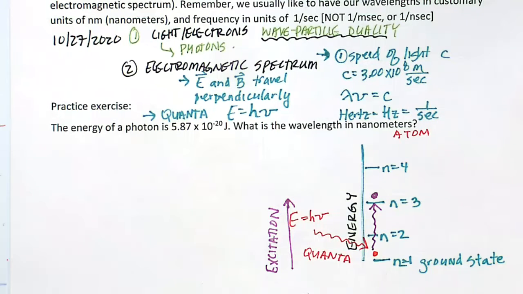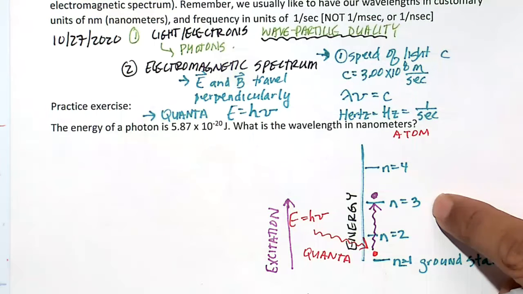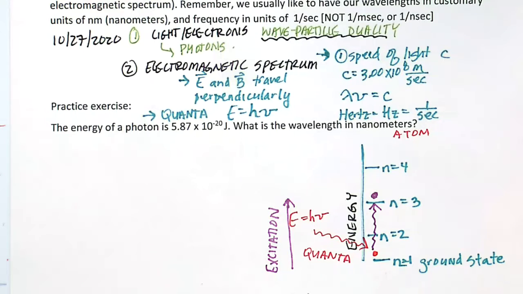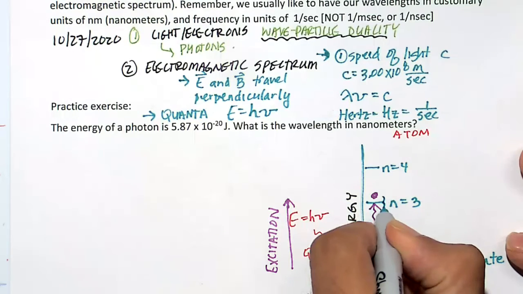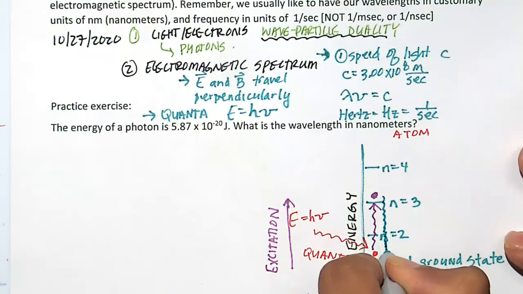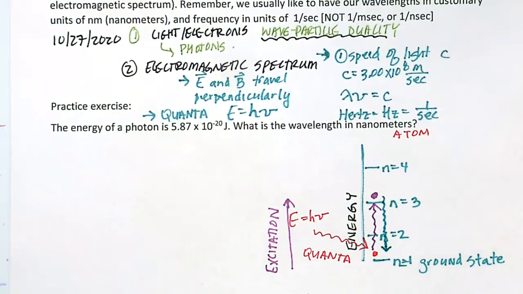So this electron, which we excited with a quanta to promote it to energy level 3, is going to relax back down, like almost anything, like a child. We're going to call going down relaxation, but something happens when we do relaxation.